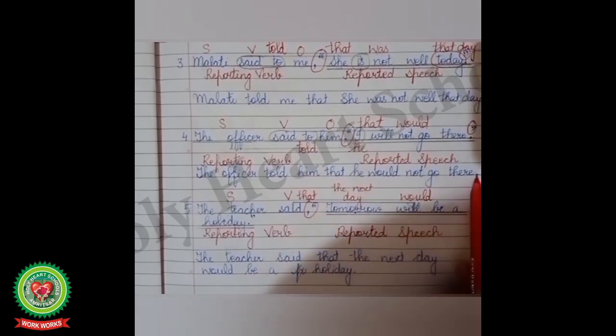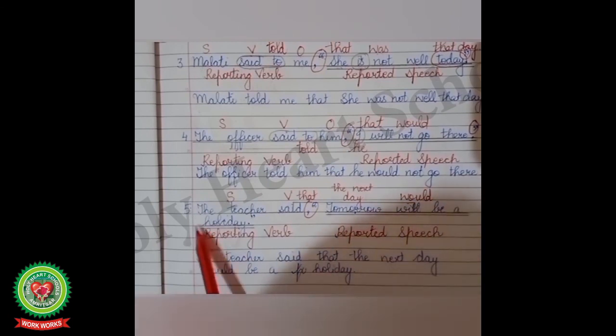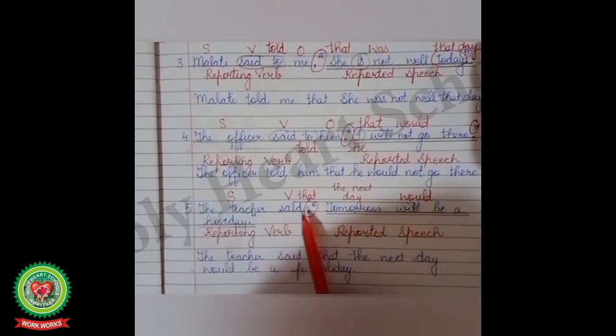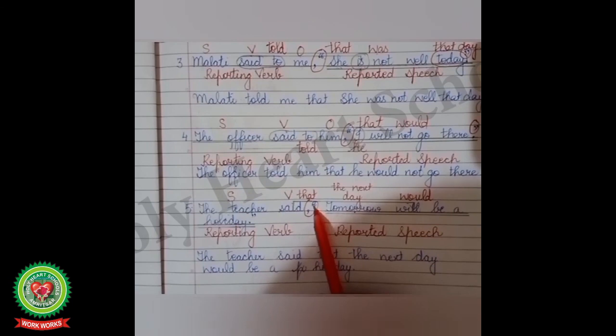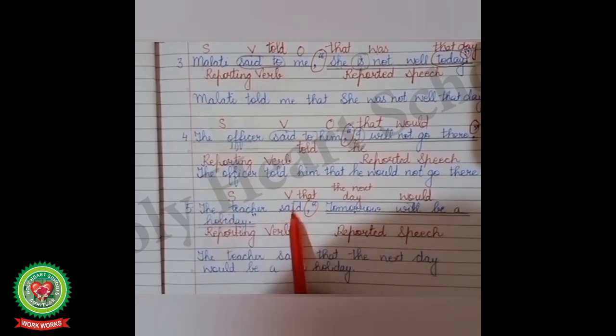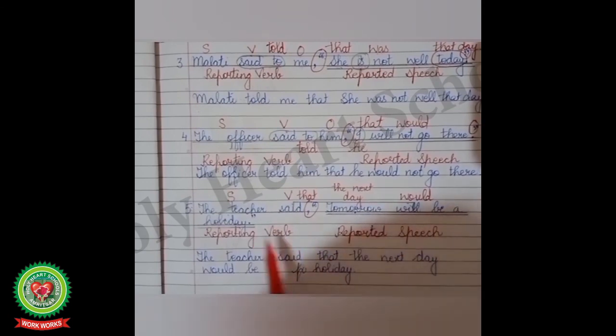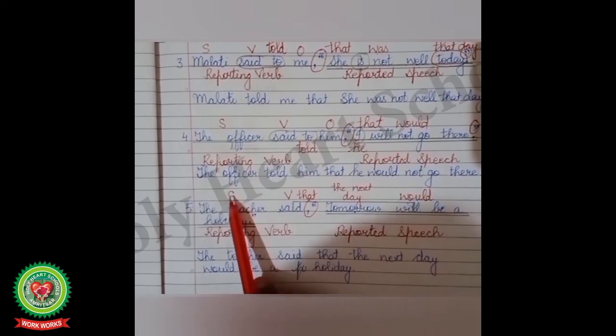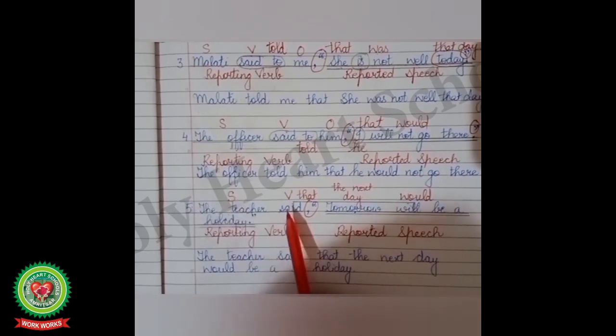Full stop. Look at example number 5. The teacher said, comma, inverted comma start, tomorrow will be a holiday. The teacher said is the reporting verb, tomorrow will be a holiday is the reported speech. Who? The teacher, so subject. Said, action word, so verb.